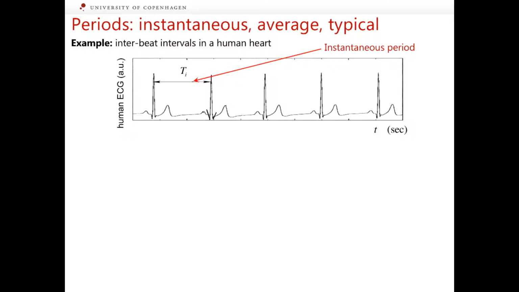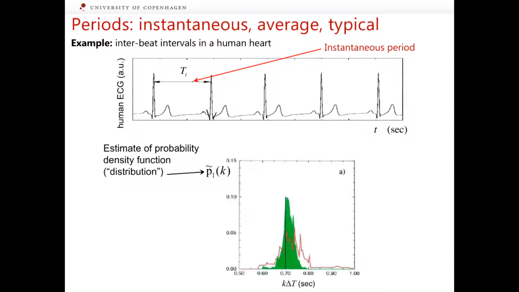One can introduce instantaneous periods as the time intervals between the sharp high peaks in the ECG. Once these periods are recorded and stored on a computer, one can estimate their one-dimensional probability density function P1, also called a distribution for brevity.